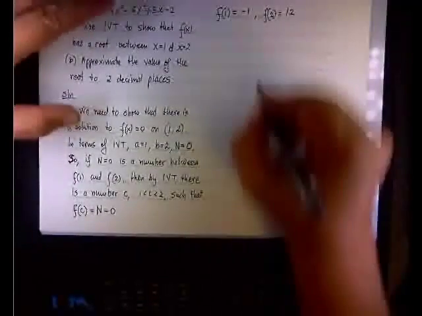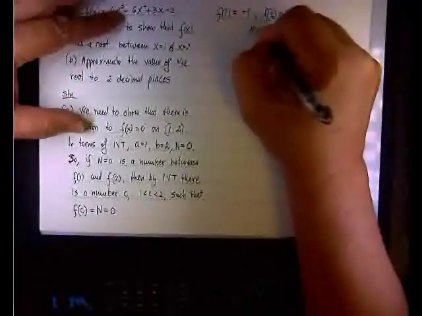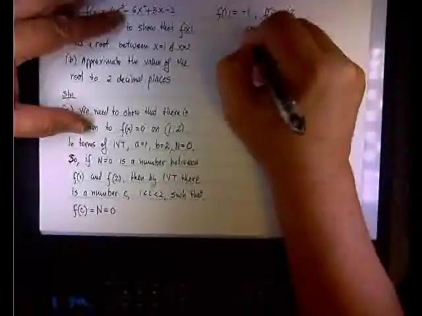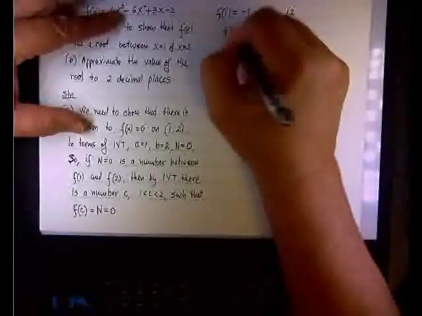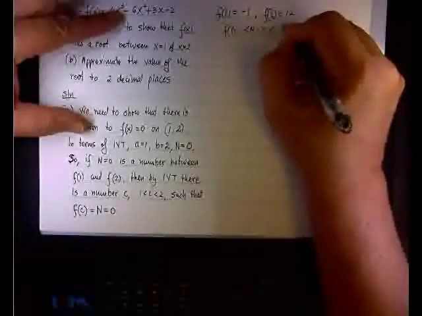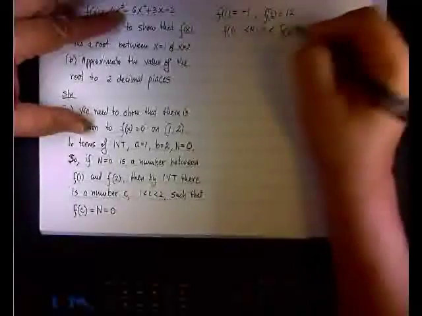So we have n equals 0 is a number between, is greater than f of 1 and less than f of 2.